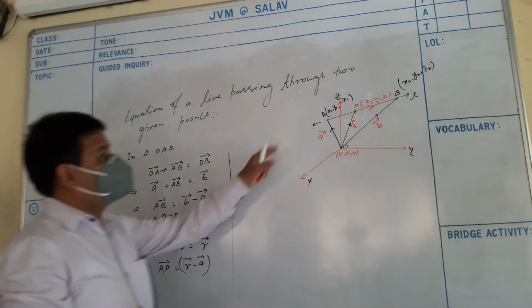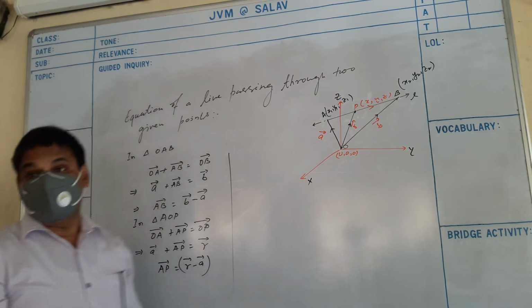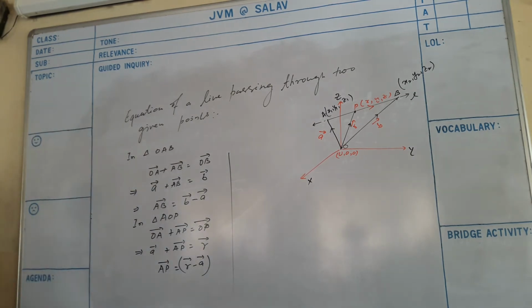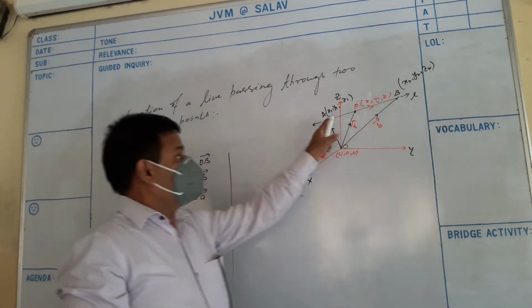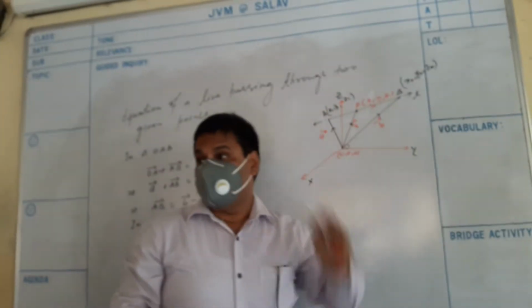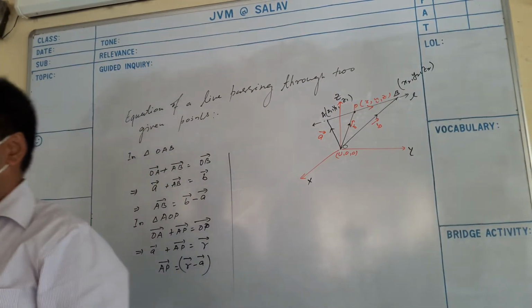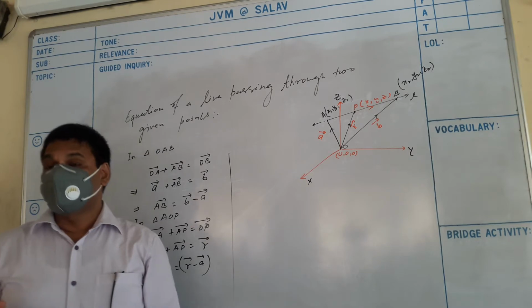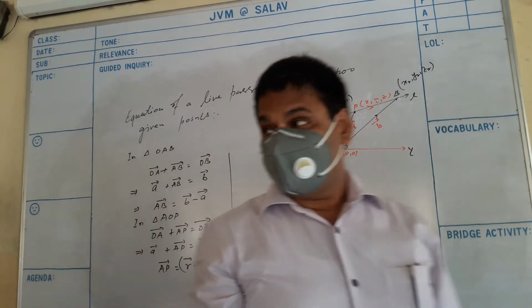Since line AB and AP are both on the same line, it means both are collinear, or parallel.